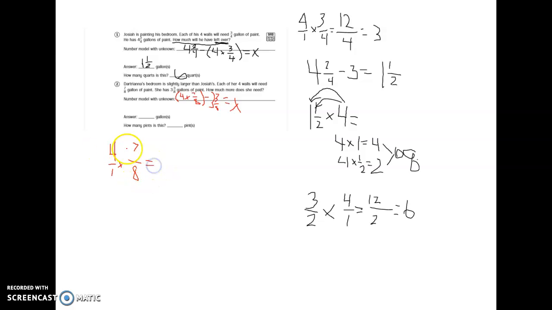And 7 times 4, I know, is 28. 8 times 1 is 8. I know that I can put 8 into 28 3 times, and I will have 4 left over. So I know that she's going to need 3 4/8 gallons of paint, and she only has 3 3/8.